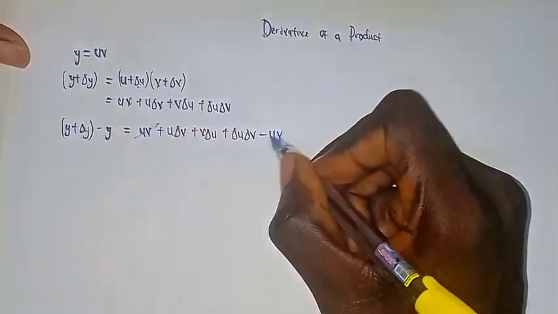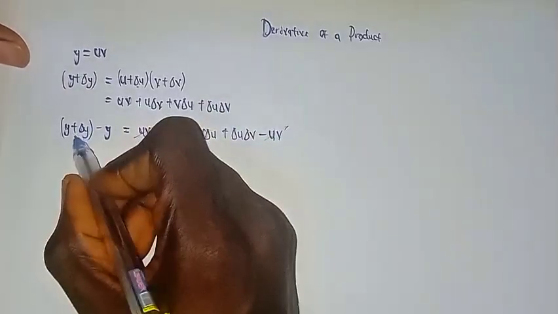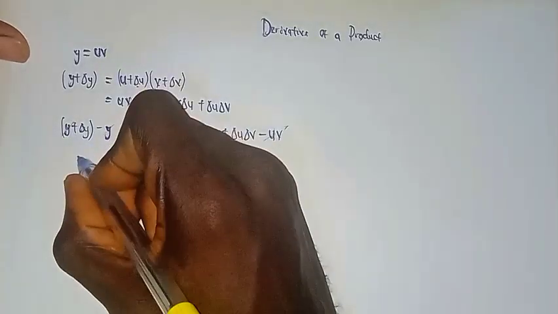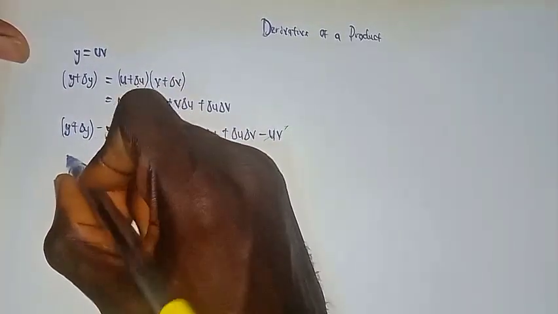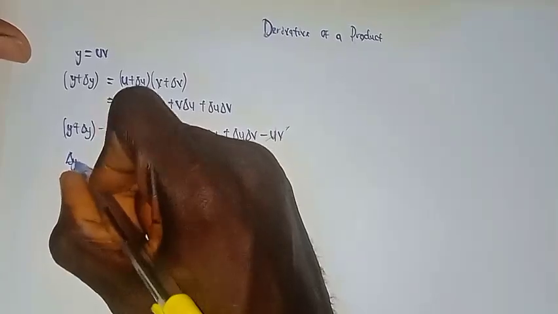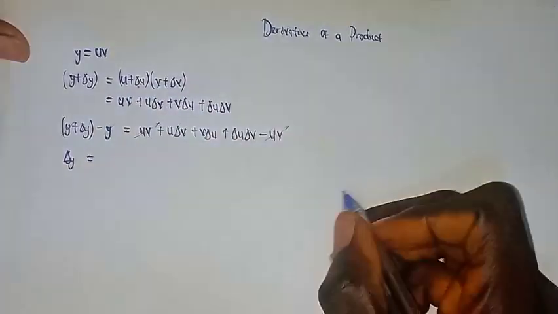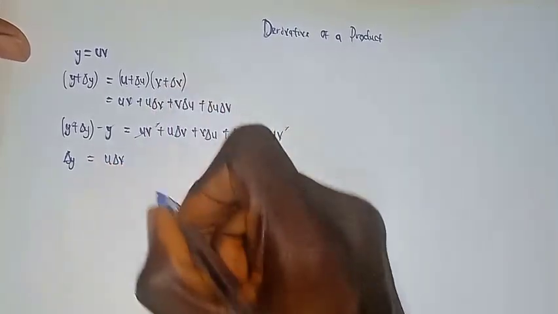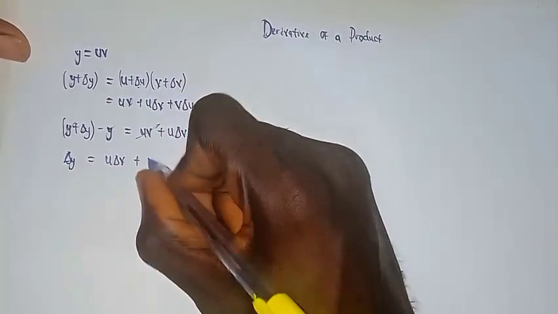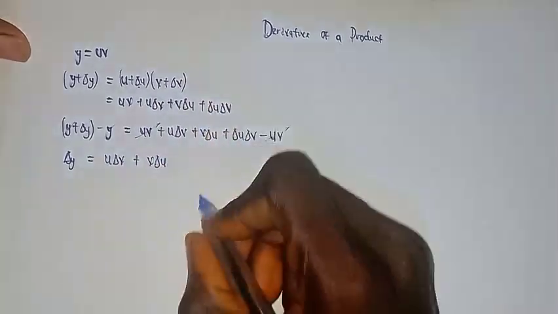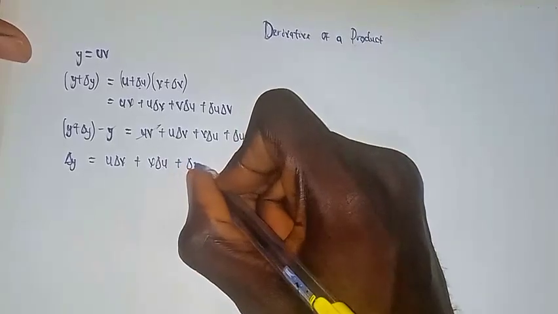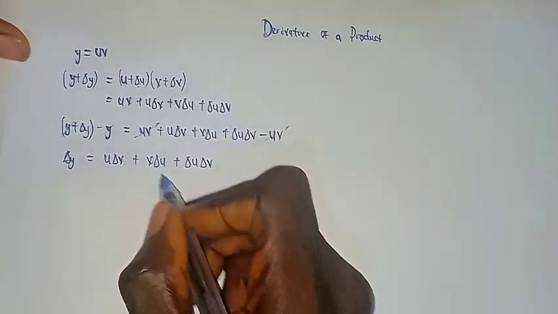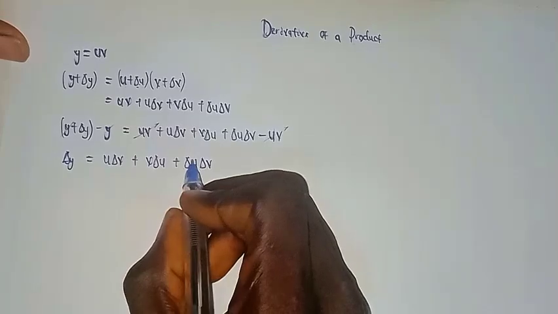So this will cancel out this one, and so for our left hand side this will also cancel out this. So we have on our left hand side delta y, and then on our right hand side we have u delta v plus v delta u plus delta u delta v.